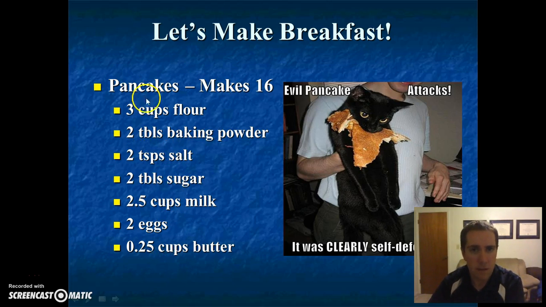But we could take this and write it in the form of a chemical equation. We could say 3 cups flour plus 2 tablespoons baking powder plus 2 teaspoons salt plus this plus this plus this plus this yields 16 pancakes. And it looks just like our chemical reaction. So it's easy to see it going that way.